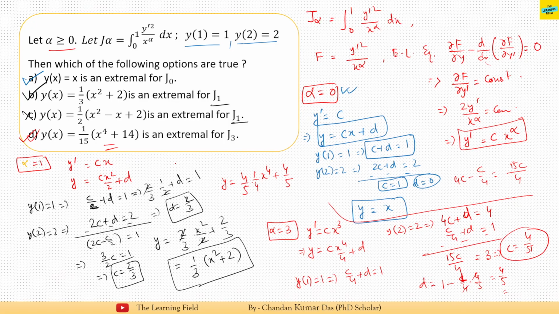In my case, I did the calculations, but I think some calculation mistakes may have happened, because I did the question in the exam, which is the correct one. But this is also correct. Just check once because I think there is a mistake. But in the exam, I rechecked all the calculations. So these three options A, B, and D are the correct options for this problem.